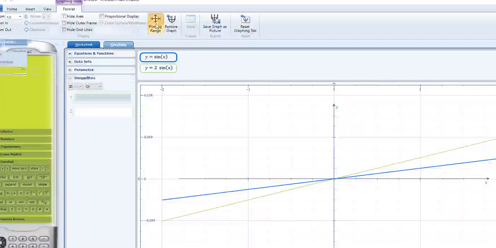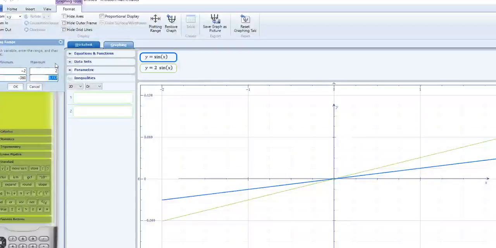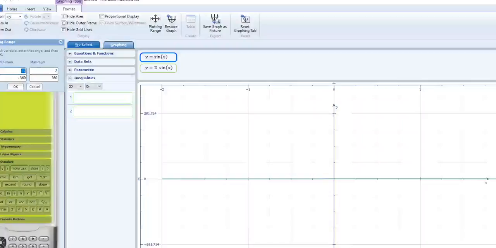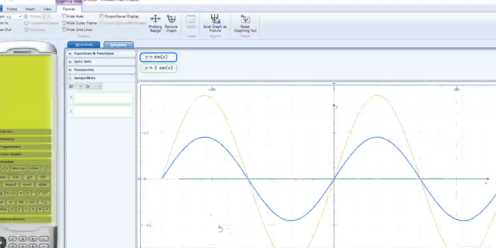But if we set our plotting range correctly, minus 360 to 360 on the x-axis, and we want to plot from minus 2 all the way to 2 on the y-axis. And there you go.